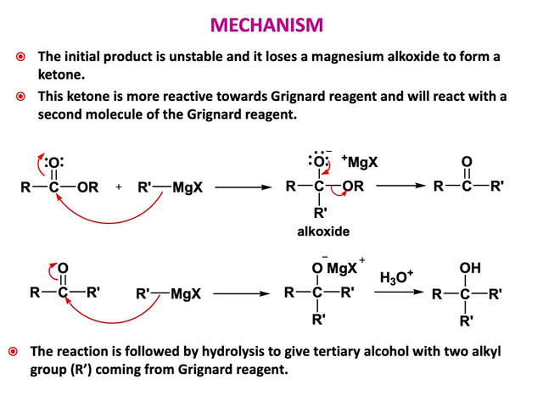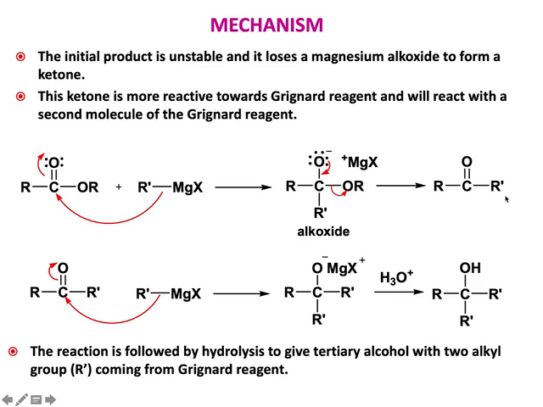First, this one attacks the C double bond O, so the pi bond cleaves and it becomes alkoxide, with OR and MgX positive near the negative charge. Next, we eliminate to form a double bond, with OR as the leaving group.